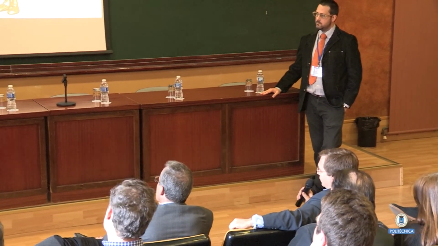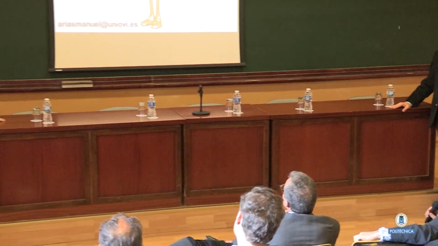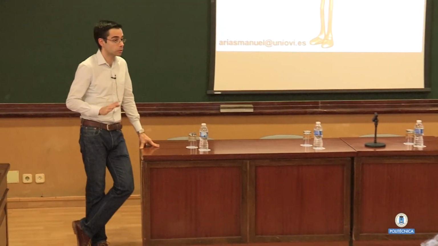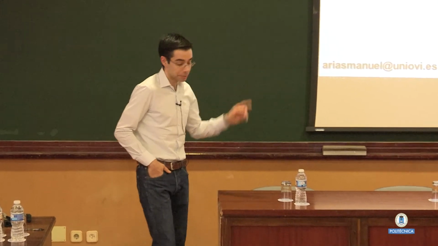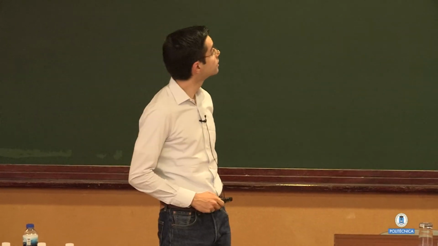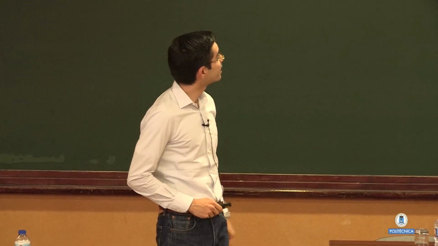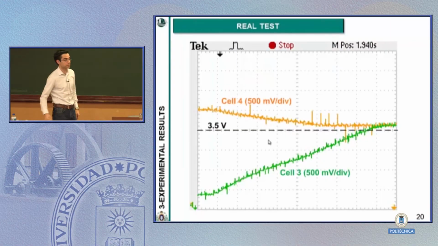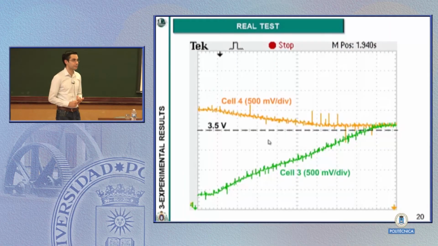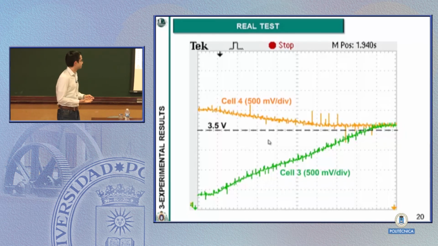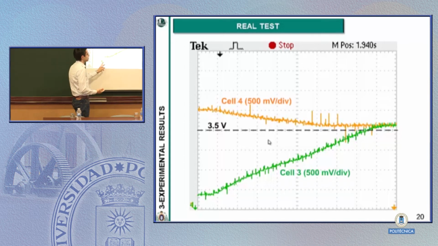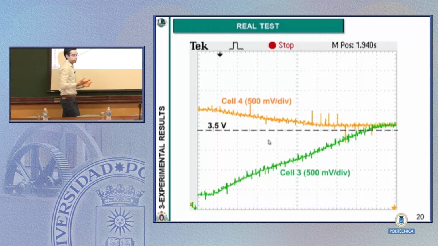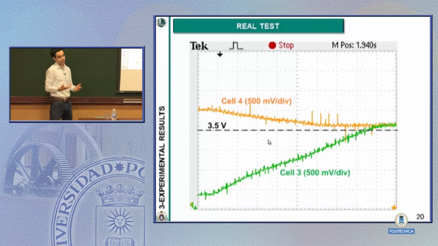We have that in simulations, and there's not much problem in simulations. I have to say that this is a real test, but maybe for lazy researchers, because rather than using real batteries, battery cells, where this time could be minutes or even hours, we are using capacitors.